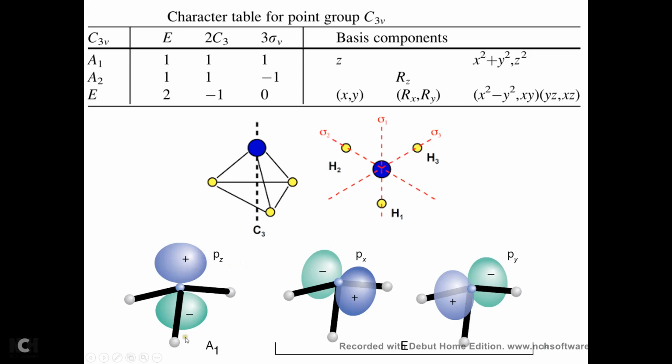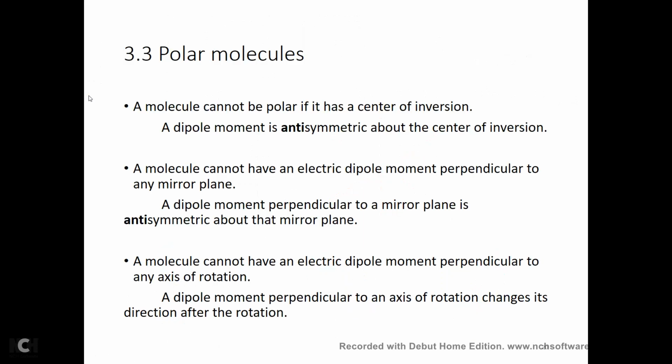If you look at this pz orbital, you can just look at these basic components or functions. You see z here, well, you know it's A1 symmetry. px and py are proportional to x and y, so if you look here, it's E symmetry with a degeneracy of 2.